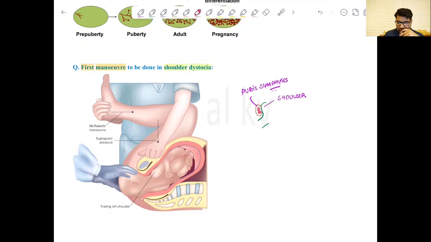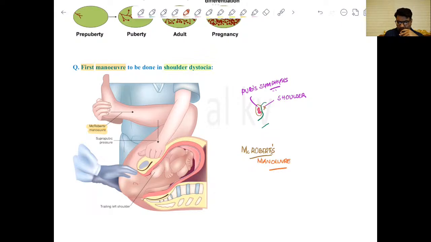The shoulder is impacted here, so we need to disengage it. So we do a maneuver known as the McRoberts maneuver. For shoulder dystocia, we need to do the McRoberts maneuver. Okay.